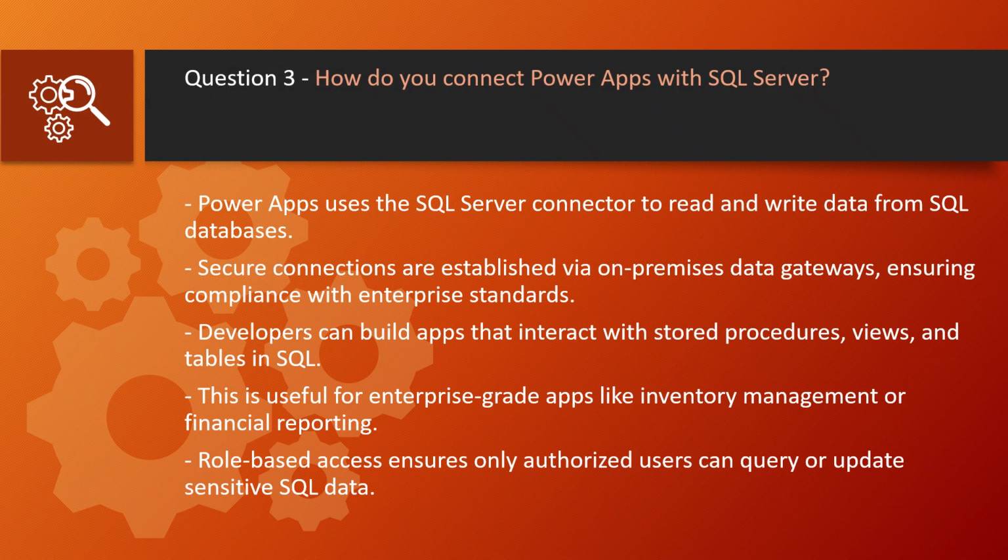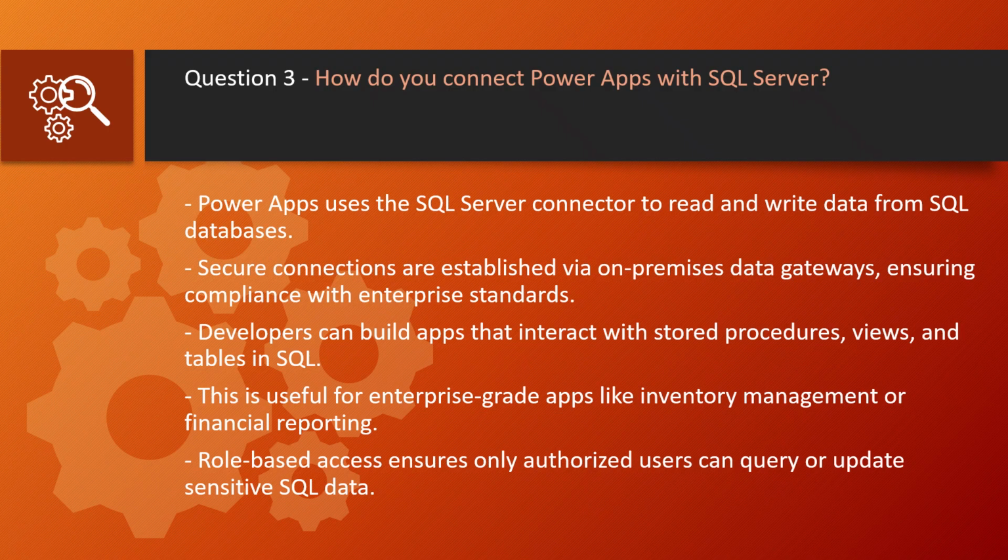How do you connect Power Apps with SQL Server? To connect with SQL Server, we have to use the SQL connector, which is used to read and write data on the SQL database. A secure connection is established by using the on-premises data gateway, and it also ensures compliance at the enterprise level.